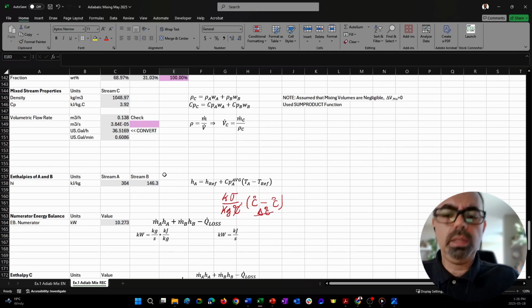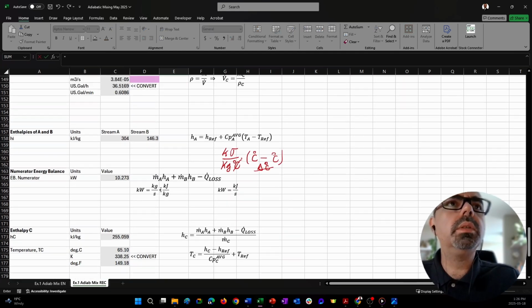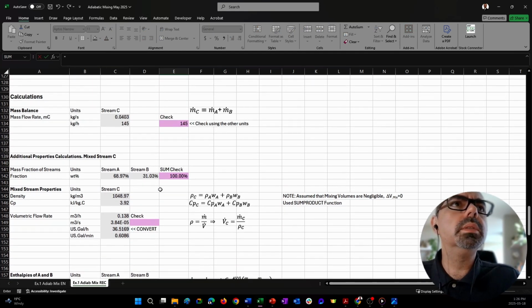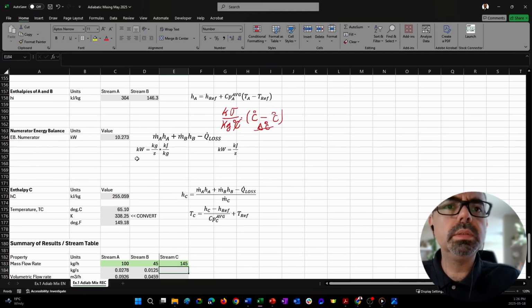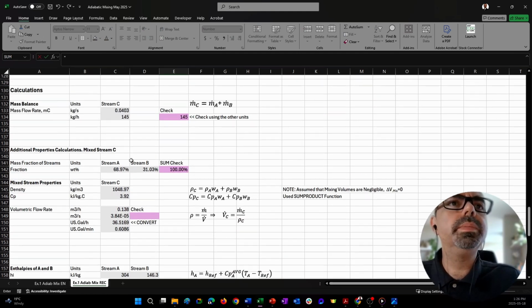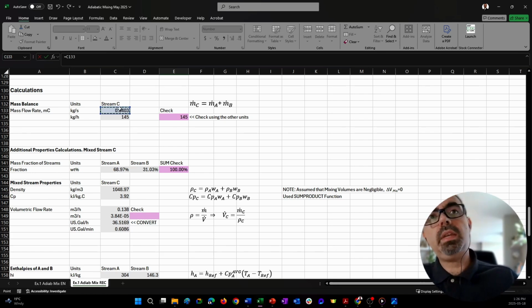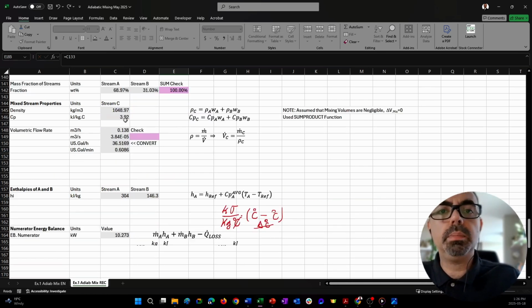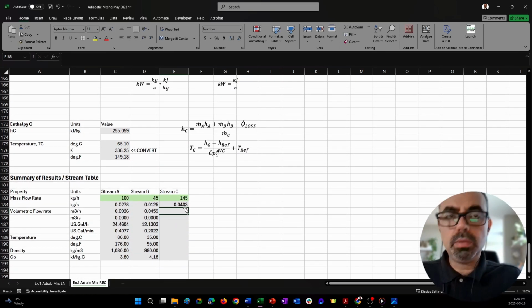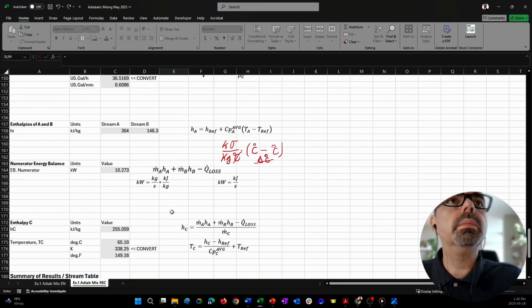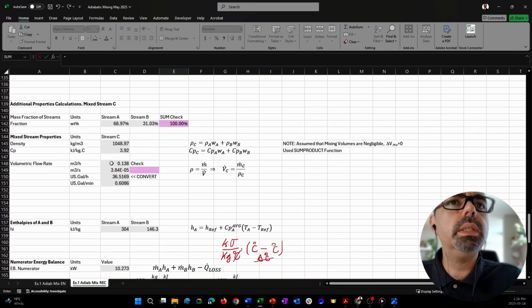So stream C, let's look for the information, the mass flow rate that I calculated in kilograms per hour. Then I have the same in kilograms per second, mass flow rate, kilograms per second. So in this case, they are inverted, so I have to make sure I select them properly. And then I look for the different properties. Volumetric flow rate.